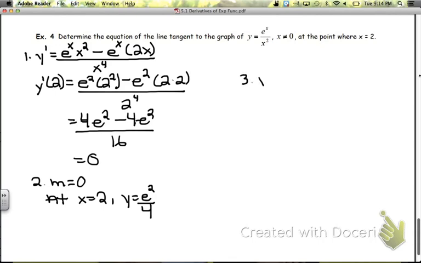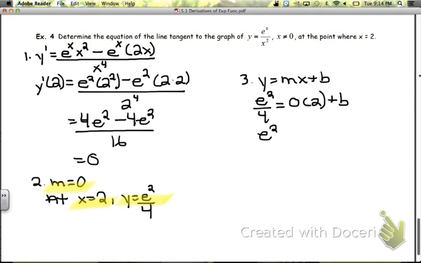Third step, we have y equals mx plus b, so let's sub in what we know. We know our slope, we know our x value, we know our y value. So we have e squared over 4 is equal to 0 times 2 plus b. So therefore we have e squared over 4 is equal to our b.